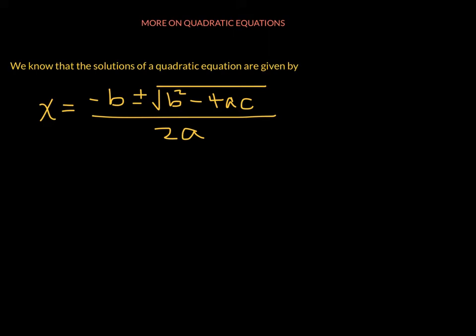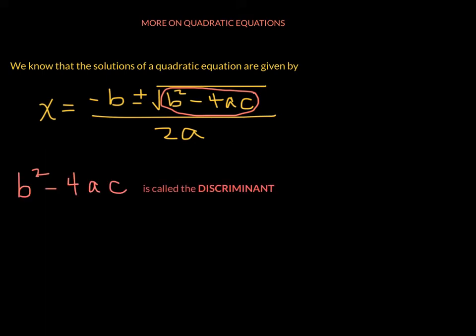This part of the formula underneath the radical, b squared minus 4ac, just that expression, is called the discriminant. The importance of this expression is that it gives us information about the solutions of a quadratic equation.